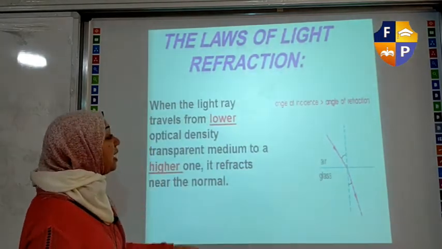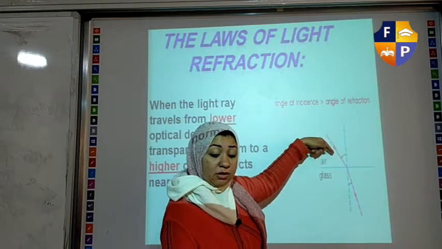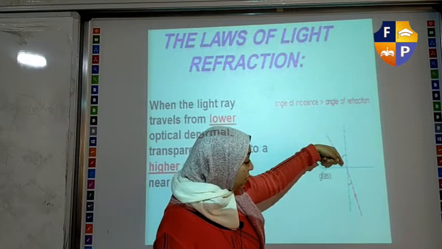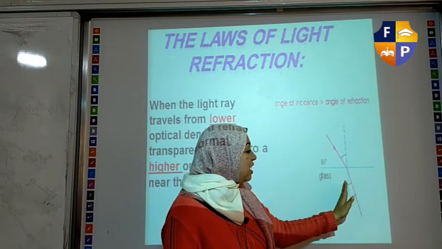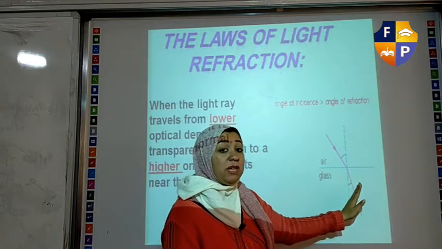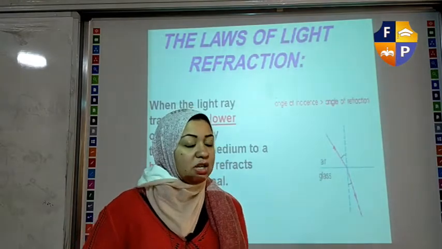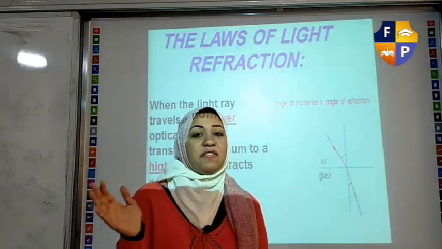Let's continue. What happened? Here we have the light ray which moved through the air, like in this activity. We found that the refracted light ray will be nearer to the normal line. Remember, this is not related to light reflection. In light reflection, we said the angle of incidence equals the angle of reflection.